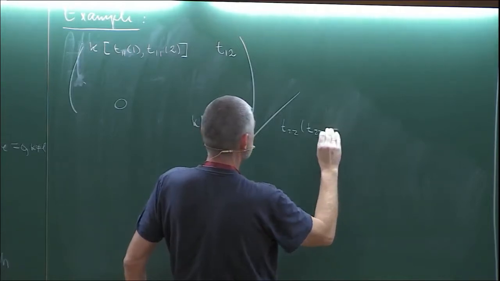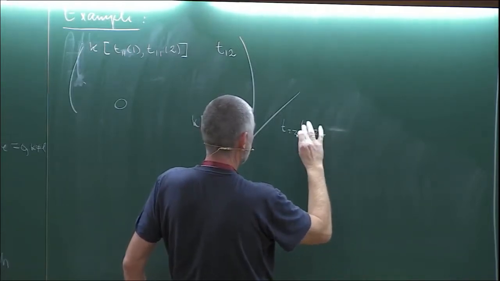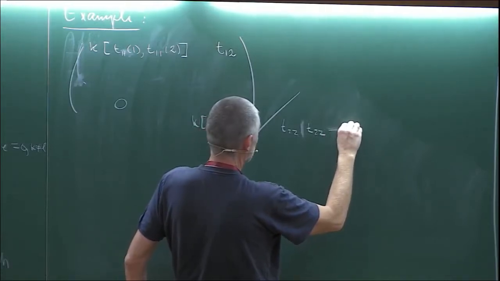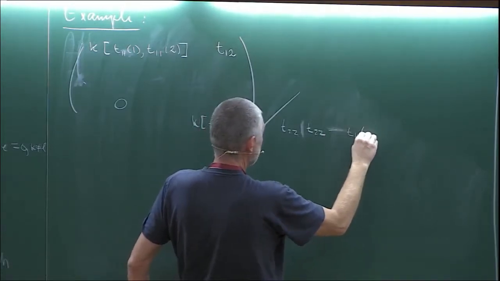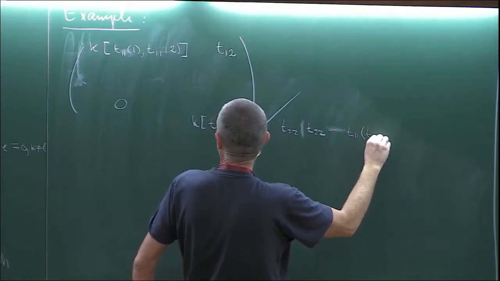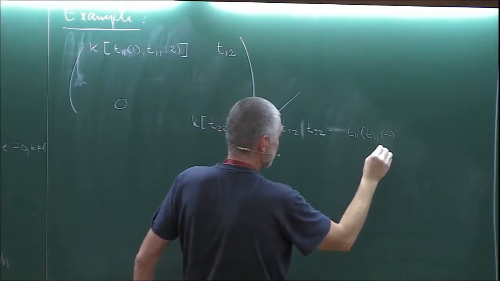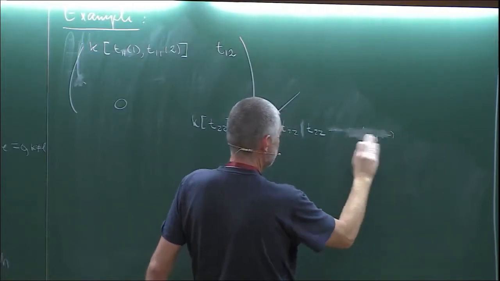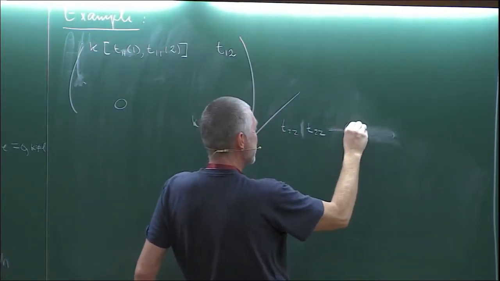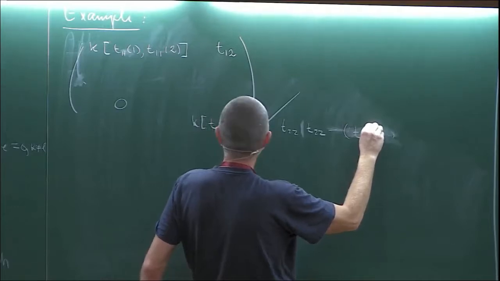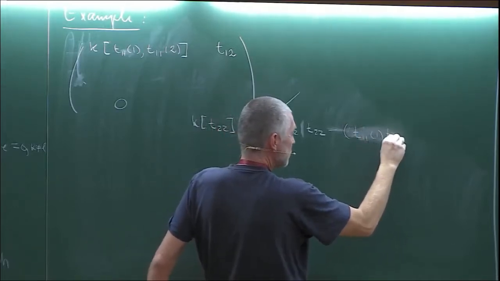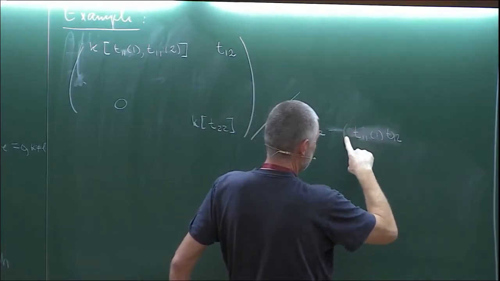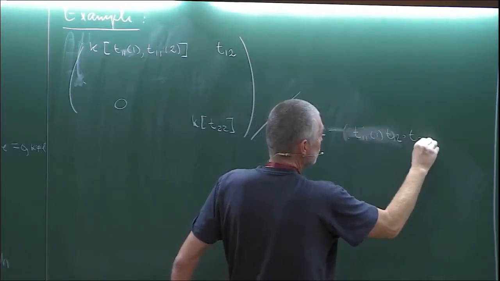And for instance, this one, minus T11 times T12 times T22.